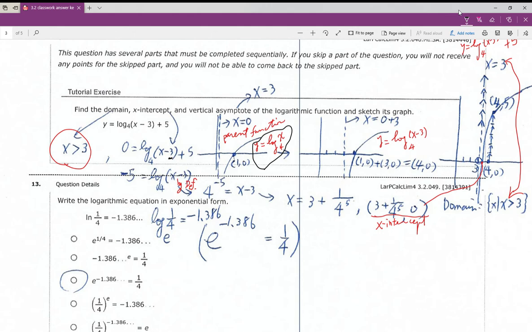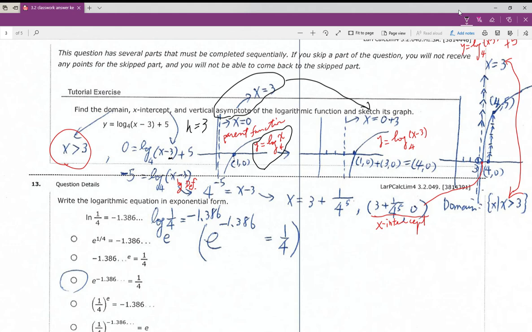And then the parent function has an asymptote x equal to 0. Now if you shift to the right-hand side 3 steps, so we say h equals 3. Therefore, your asymptote needs to plus 3. So your new asymptote will be x equal to 3, because of the shifting.